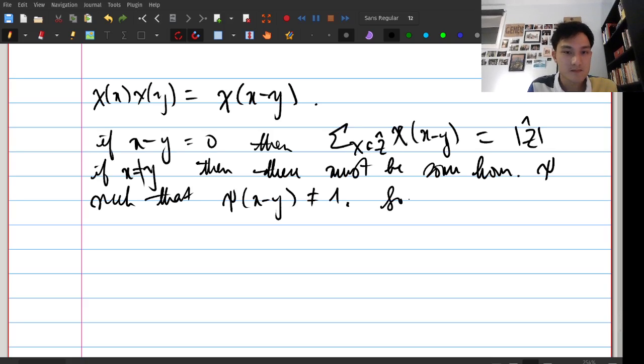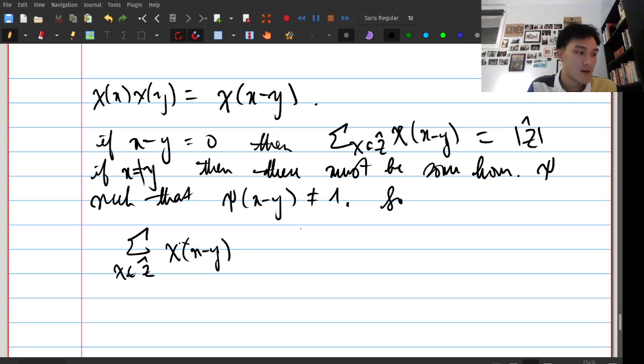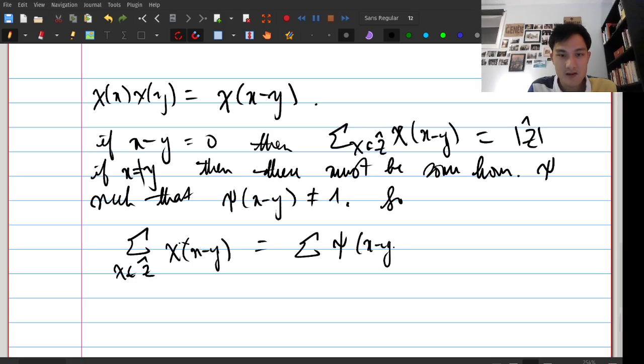So for chi in Z hat, take the same sum of chi of x minus y, and now we do the same thing, we factor it out. Summing over all chi is the same as summing over all psi times chi, for some fixed psi. Make sense?